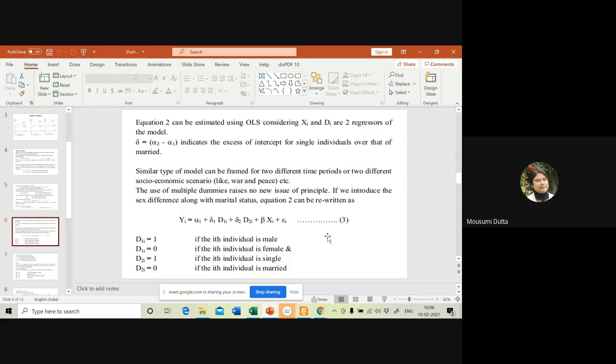First of all, we can accommodate the attributes in the regression model. Number 2, in a single equation, we can present the entire set of regression equations. Here, basically, there are 4 regression equations. Equation 3 is presenting briefly 4 models.